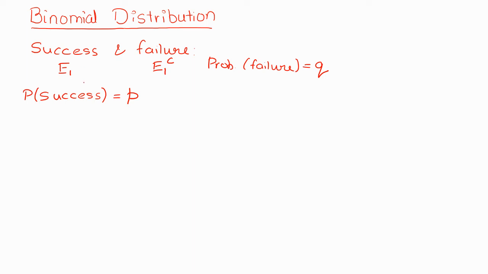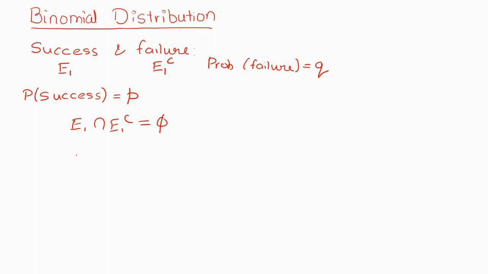Now see, if we look at this event E and E complement, success and failure are complements of each other. There is nothing in common between them. Either it is a success or a failure. There is nothing in the intersection. So again E intersection E complement is equal to phi.